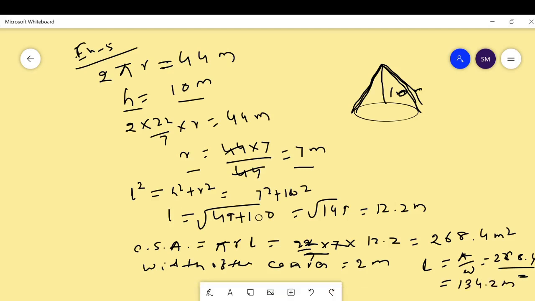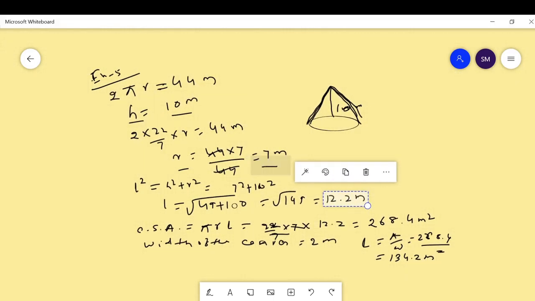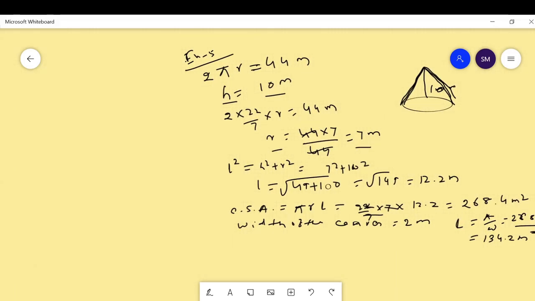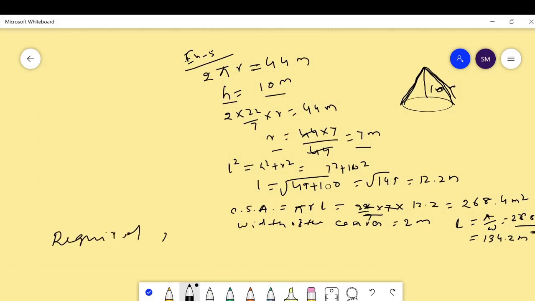Then the required canvas is equal to 134.2 meter.